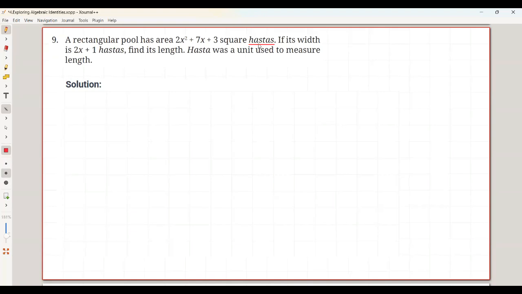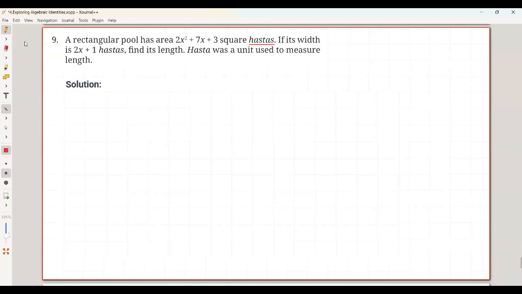That measurement, elbow to the middle finger, is a hasta. If its width is given as 2x plus 1 hastas, find the length. Hasta was the unit used to measure length in the olden days.